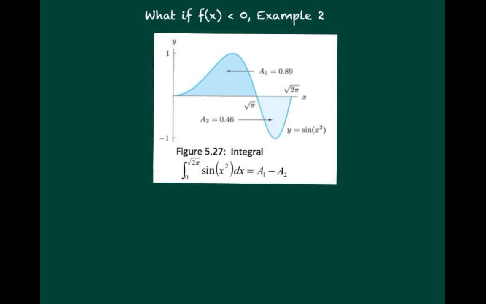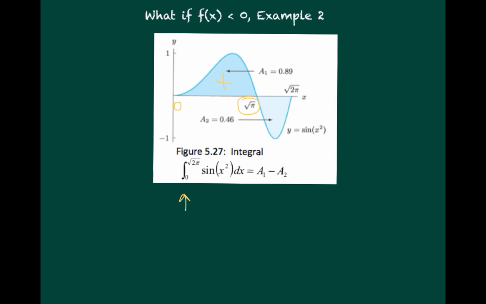All right, so this is a diagram we used earlier in the video. But suppose we took the integral from 0 to the square root of 2 pi of sine of x squared dx. And we would see that from 0 to square root of pi, the curve is over the x-axis, so this region has a positively signed area.